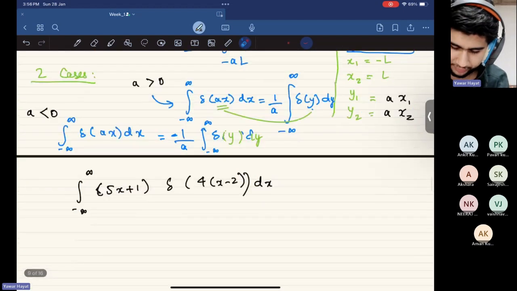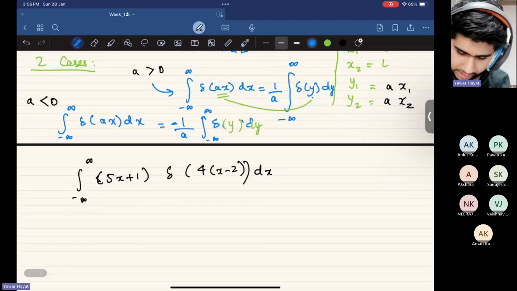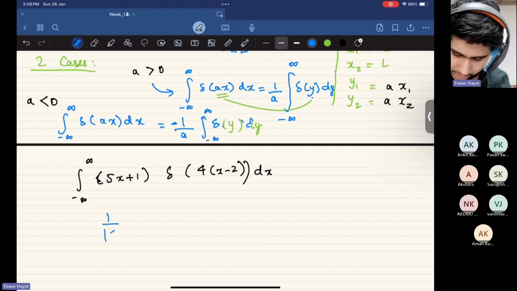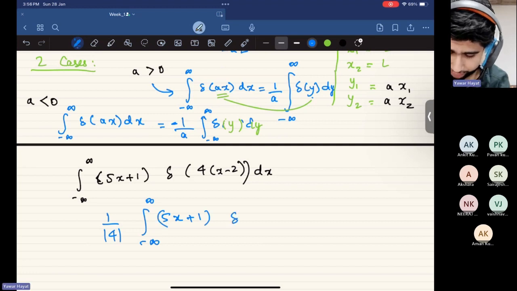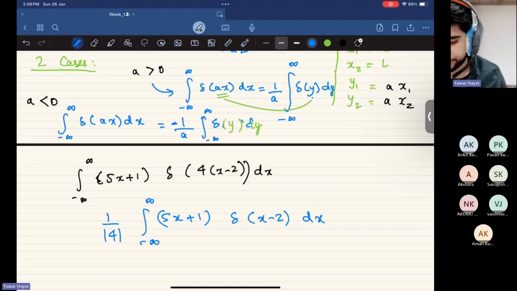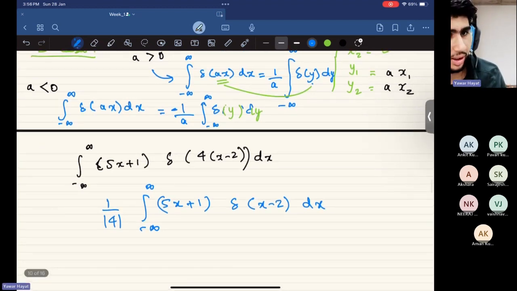I'll use this property first. Then modulus of 4 outside, the integral from minus infinity to infinity of 5x plus 1 delta of x minus 2 dx. Everyone with me till now?